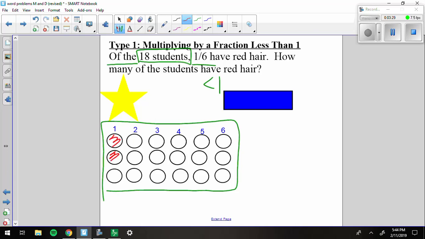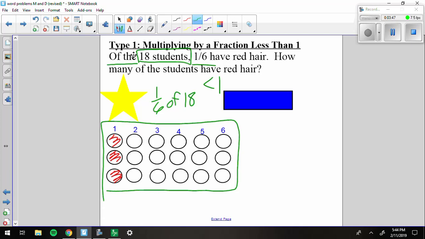So, for one out of every 6, I'm going to give red hair. 1 redheaded student, 2 redheaded students, 3 redheaded students. So 1/6 of 18 is 3, says my picture.